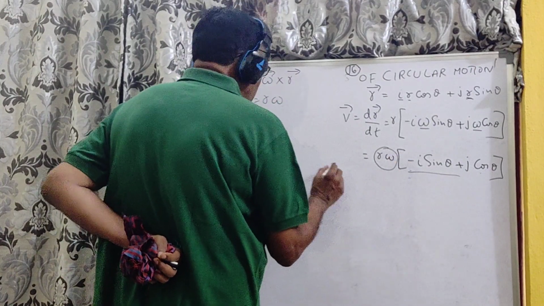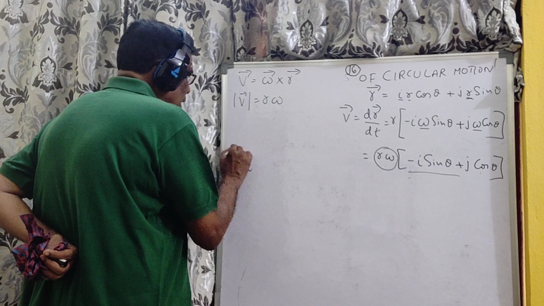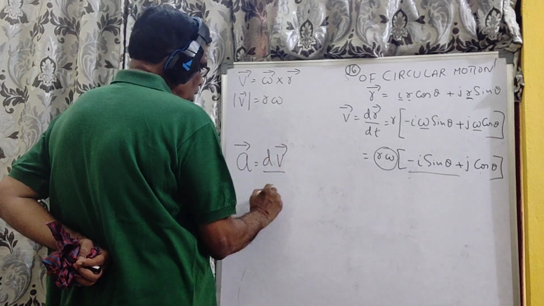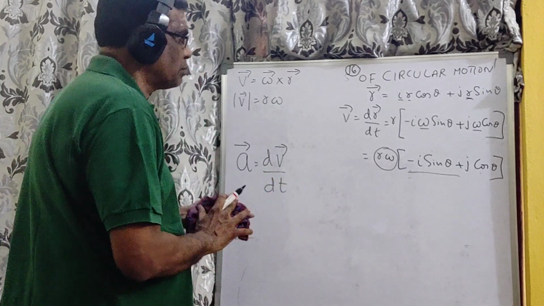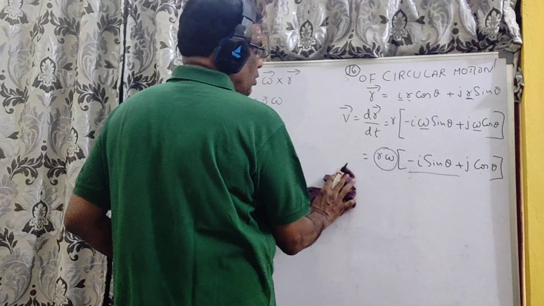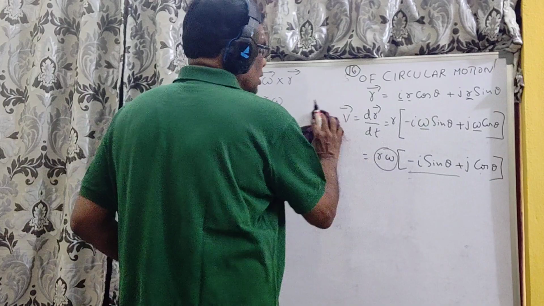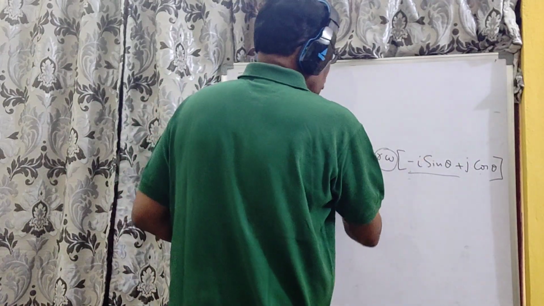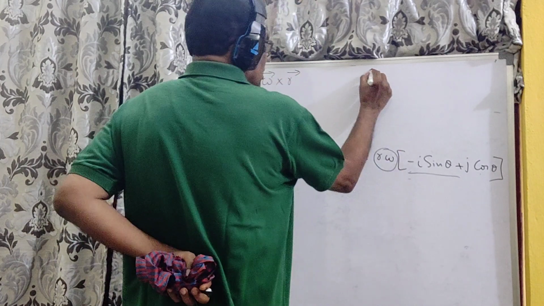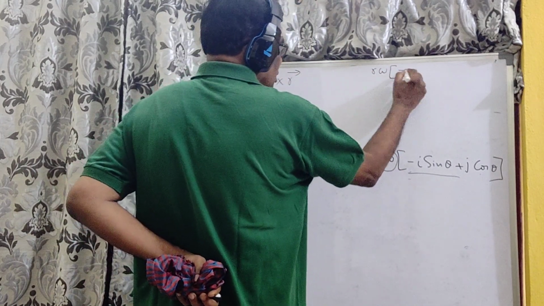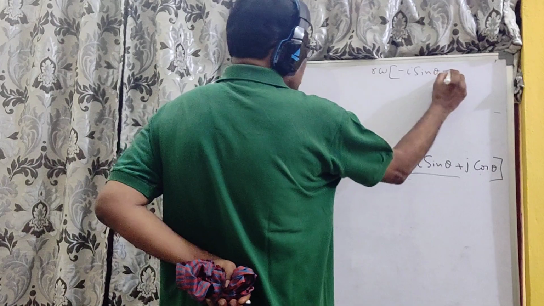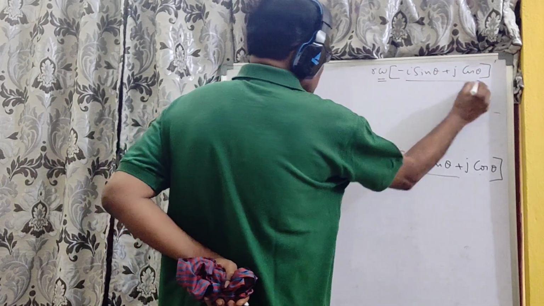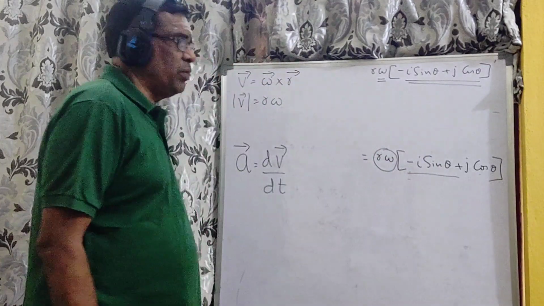Now I want to look at acceleration, which is dv bar by dt. Now this term I am erasing to make room for that. So R omega into minus I sin theta plus j cos theta. There are two terms which are variables.